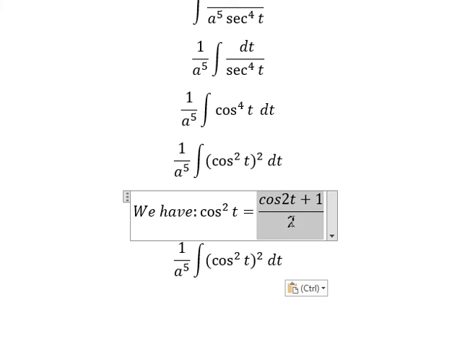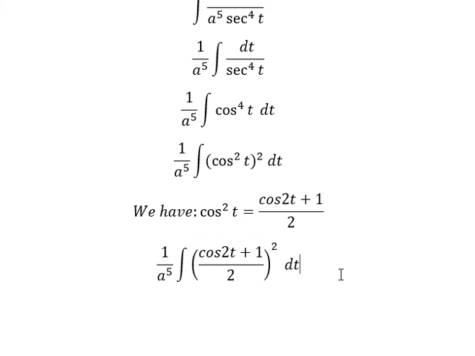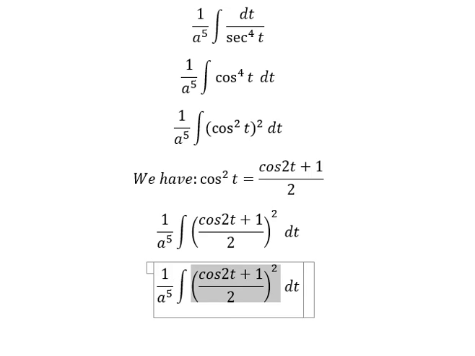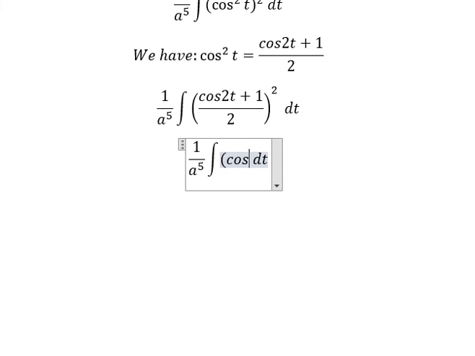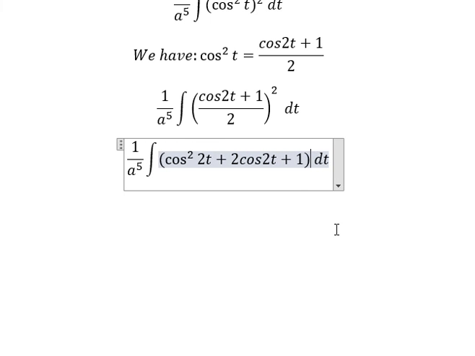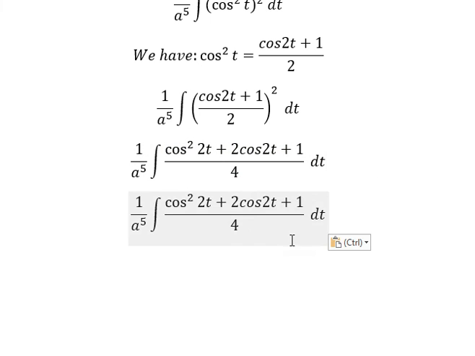Now I will put this one in here. And then we need to expand this one. Now I can put number 4 outside.